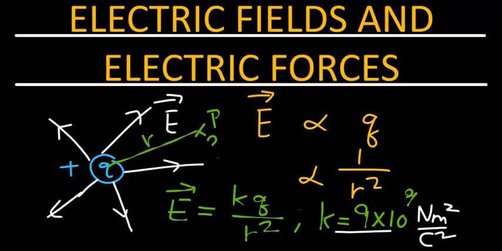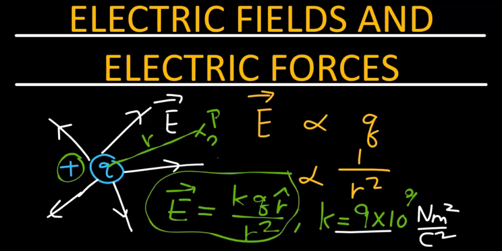The direction in this case is radially outward because we are dealing with a positive charge. So the unit vector along the radial direction can be written as r hat. So this is the full expression that enables us to calculate the electric field strength at a particular distance due to a particular charge whose strength is Q Coulomb.